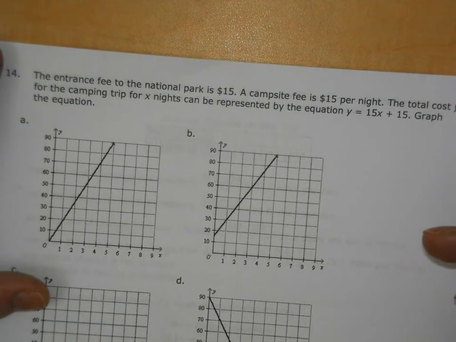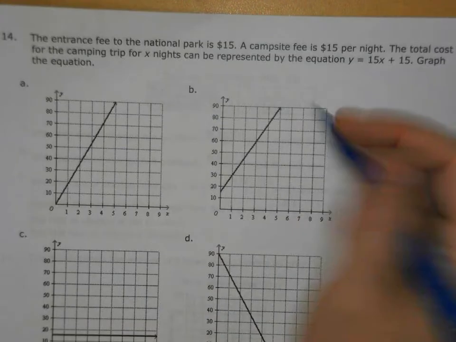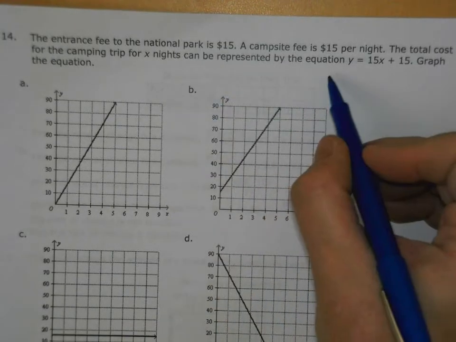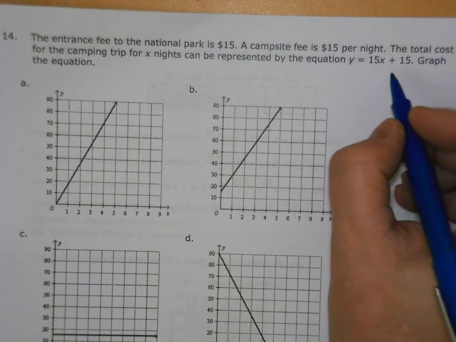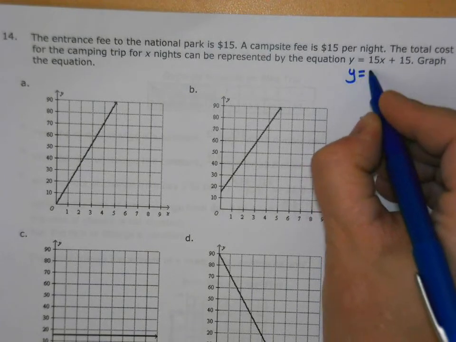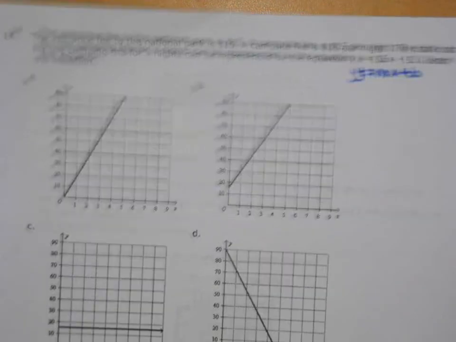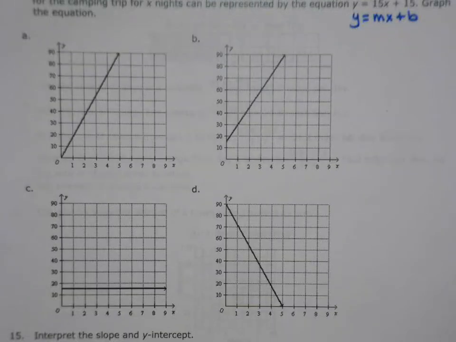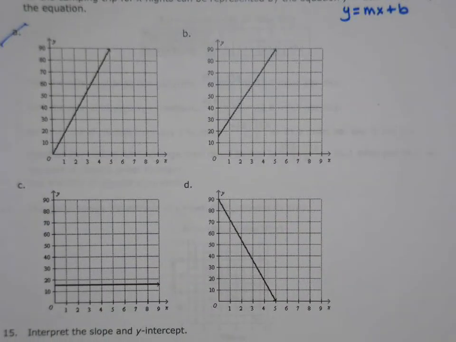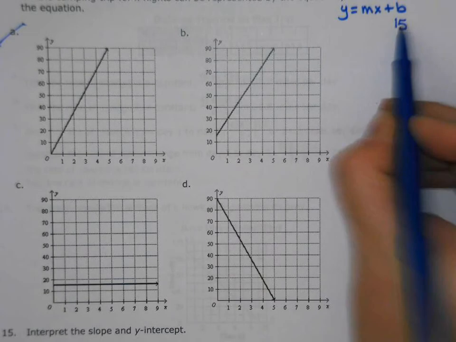The entrance fee to the national park is $15. A campsite fee is $15 per night. The total cost Y for the camping trip for X nights can be represented by the equation Y equals 15X plus 15. So this is y equals mx plus b. This is not a proportional relationship, so it's not going to go through the origin.